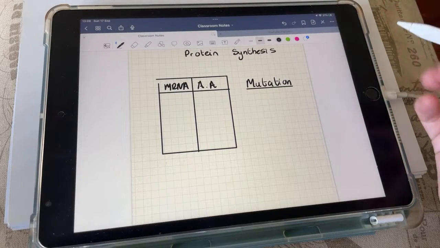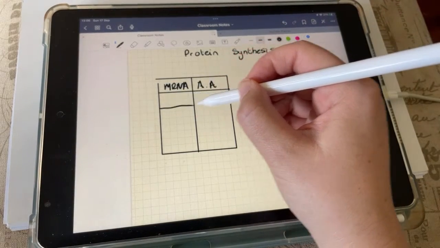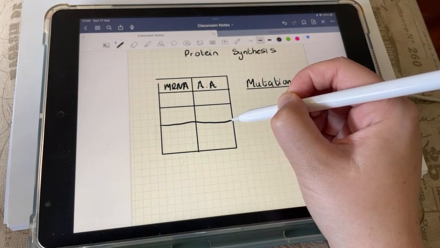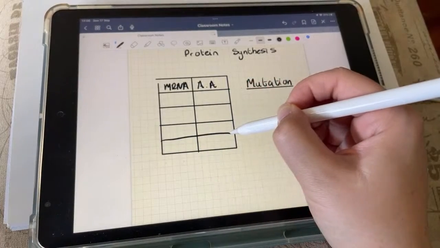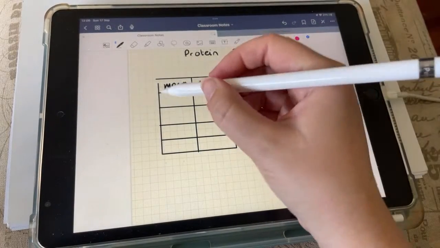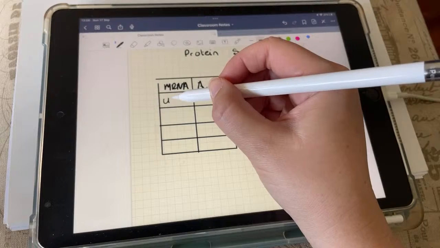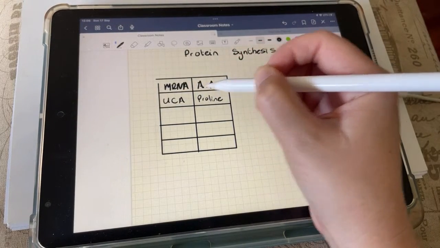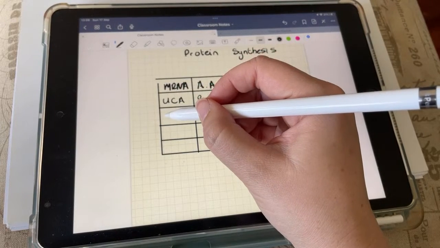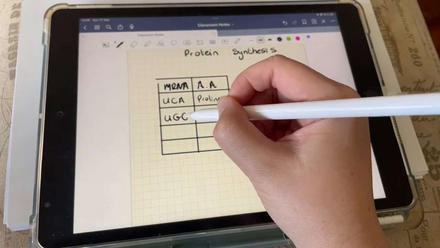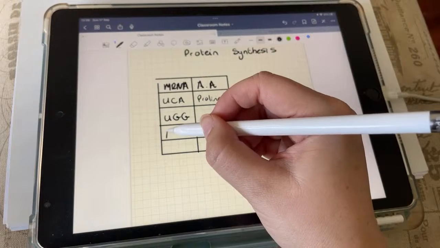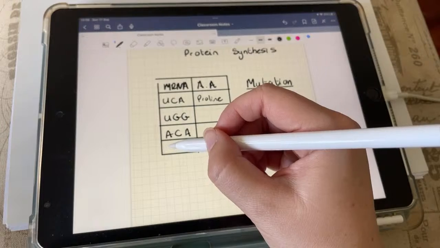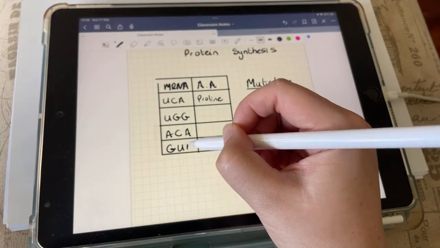So let me explain what I mean by that. They give you a table. I'm just going to draw out 4 options for us here. Let's say the option is UCA, and that gives us proline. Then UGG, ACA, and then another one like GUA.